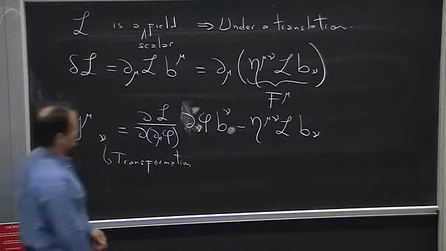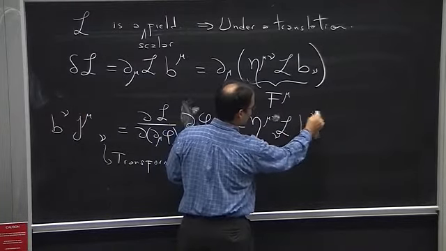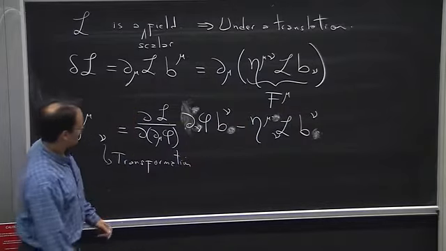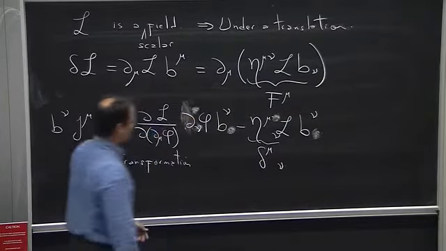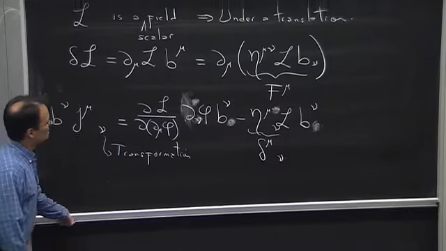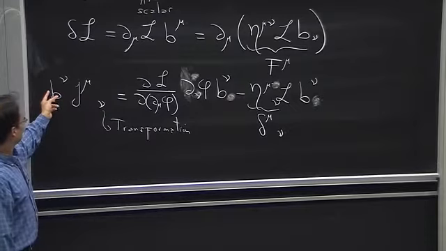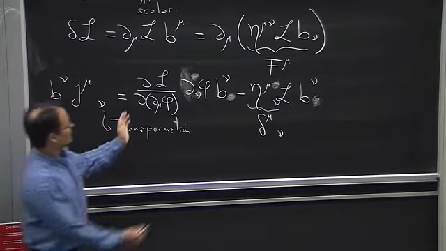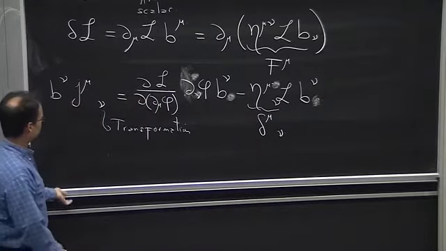Which again is a little bit annoying because I have the index down, but I can put it down here and put it up. No problem. This thing is a delta mu nu, right? But this equality must be true for any values of B. So if I can factor out B nu from here, I can get the expression for my current.